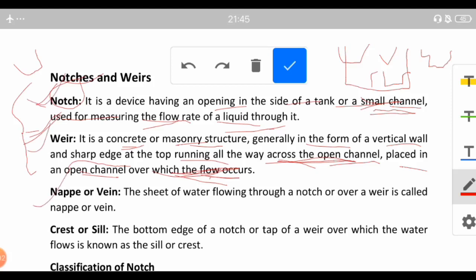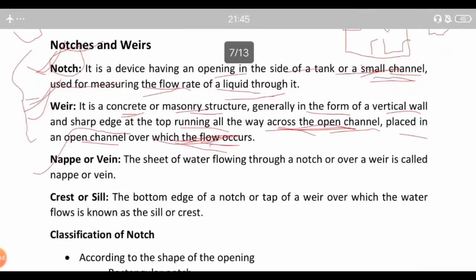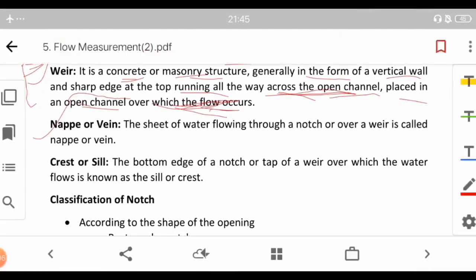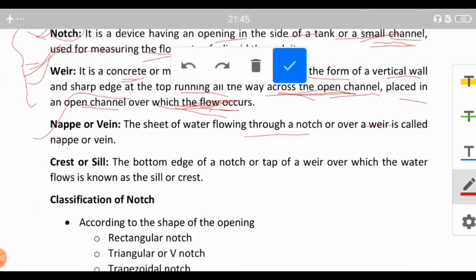What is nappe or vein? A nappe or vein is the sheet of water flowing through a notch or over a weir. Suppose this is the notch or the weir and water is flowing like this, and it will be flowing out like this.